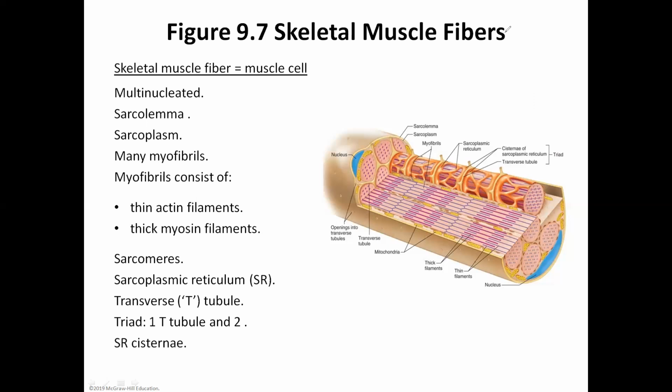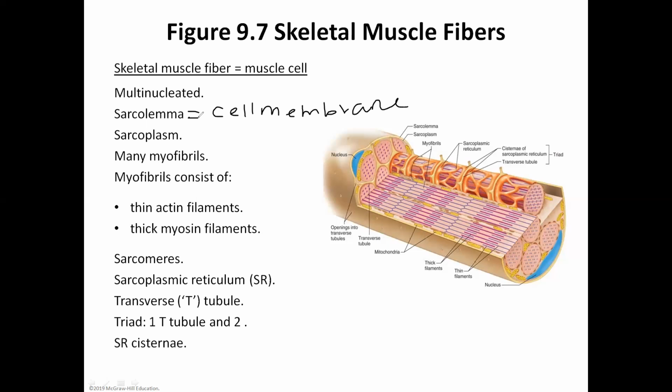And what you're going to see around the whole muscle fiber is the sarcolemma. Sarco means flesh. And if you think about lemma, think about it as the cell membrane. That's kind of a fancy word for cell membrane. And I will ask you on a test to know these pieces.